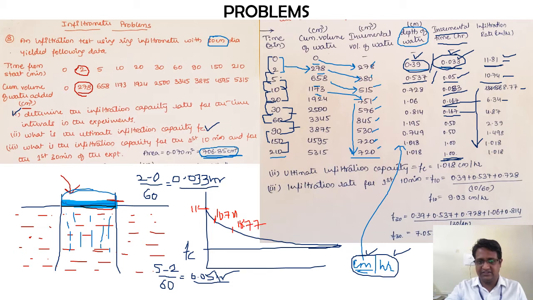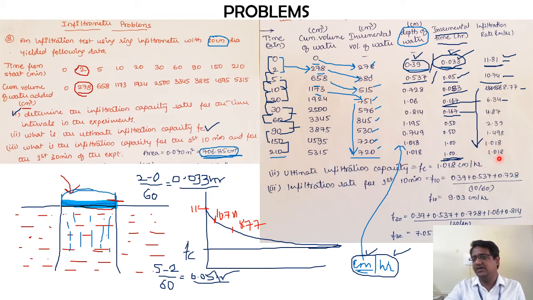So for each section, this particular value is reducing. As the graph is reducing here, the same can be visualized in this problem in this last column. The infiltration rate is reducing with respect to time, and beyond a particular time, for example, check from 150 minutes to 210 minutes, the infiltration rate is constant at only 1.018.